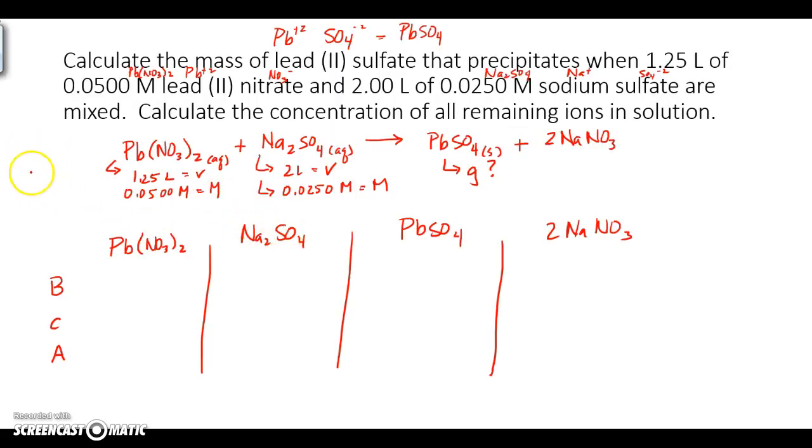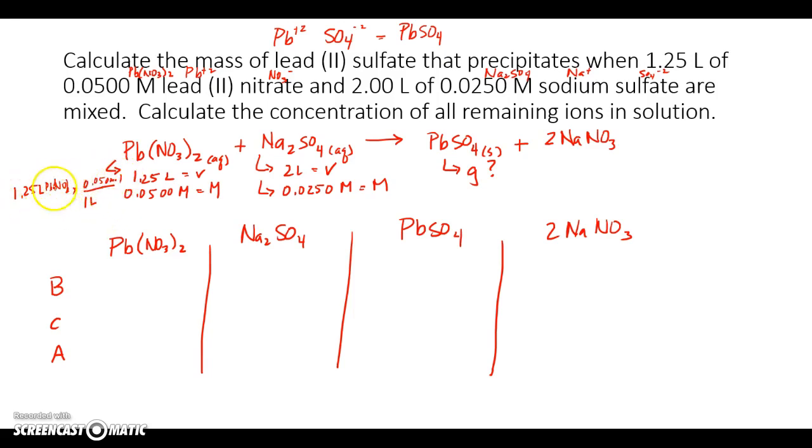So in this case here, I'm going to have 1.25 liters of Pb(NO3)2 times, and then molarity, remember, is 1 liter and 0.050 moles.